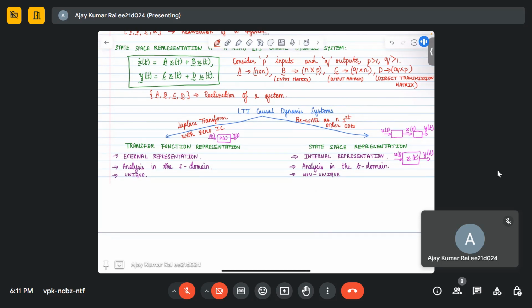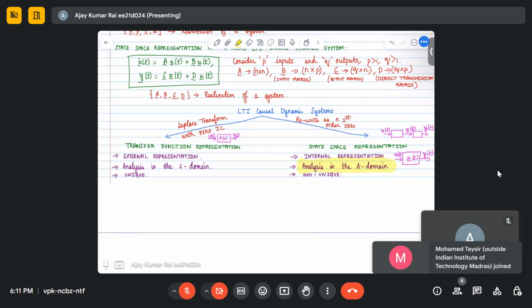One main thing you can see is that we are analyzing in the time domain, so we are not converting into any other domain. In the transfer function approach, we convert from the time domain to the S domain, and we always get a unique transfer function.